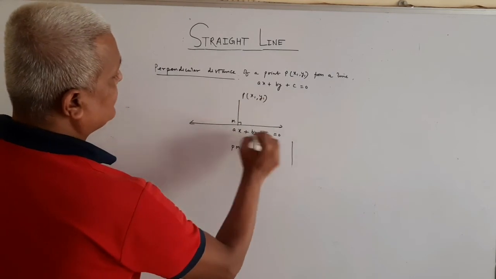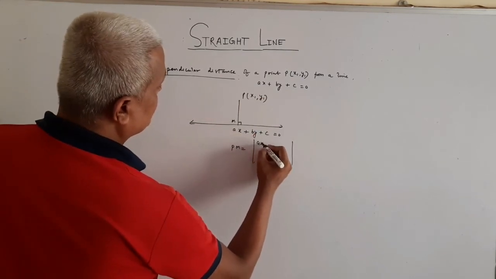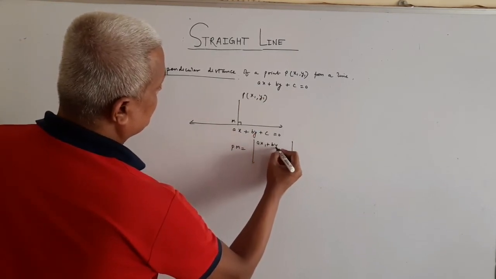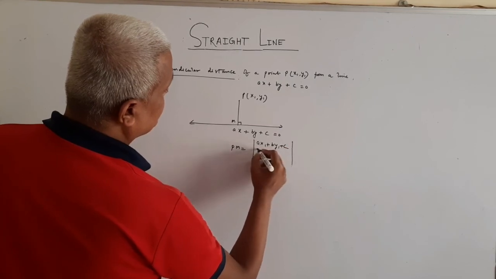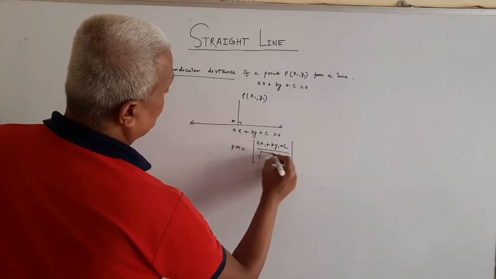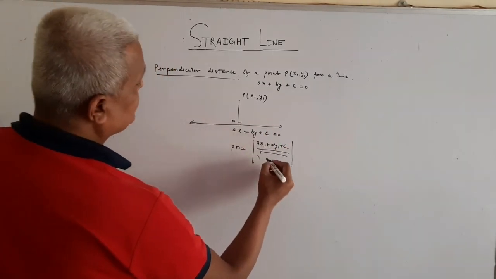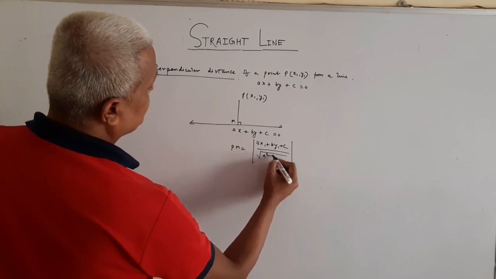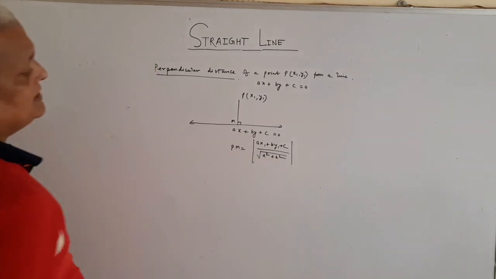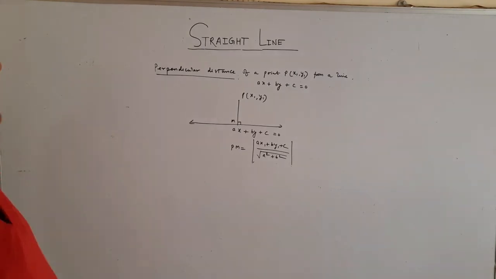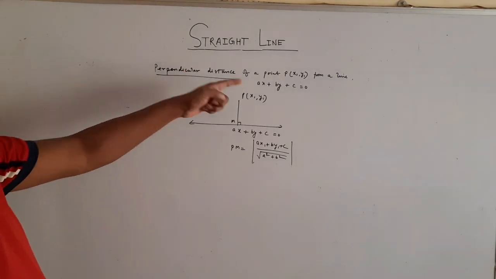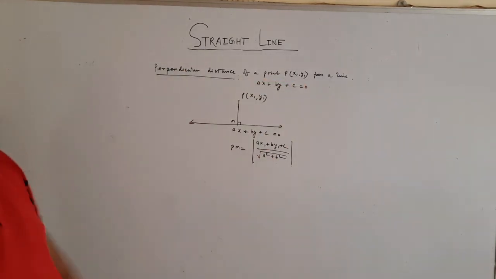Substitute this point into this line, so this becomes ax1 plus by1 plus c upon the square root of the sum of the squares of the coefficients of x and y, that is a square plus b square. This is the formula for finding the perpendicular distance of a point from a line.